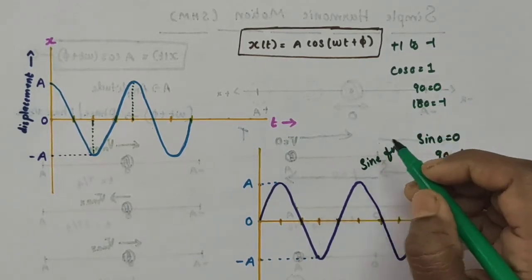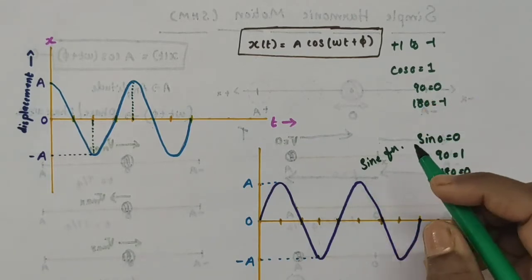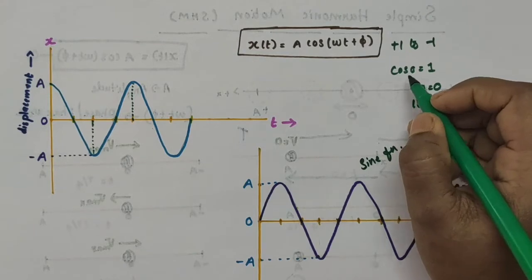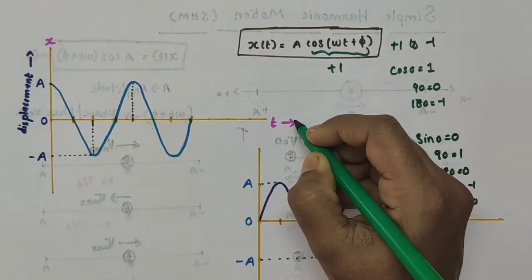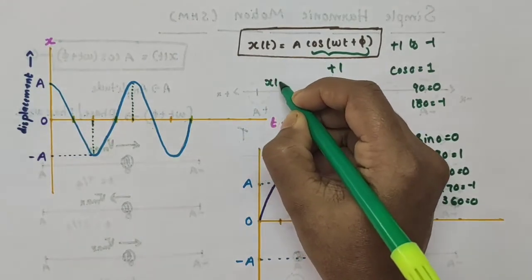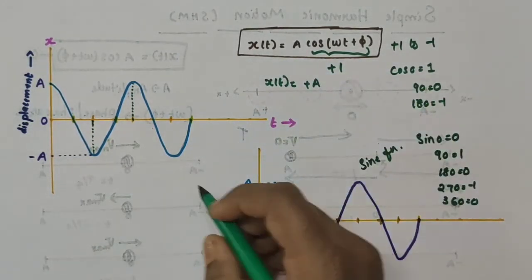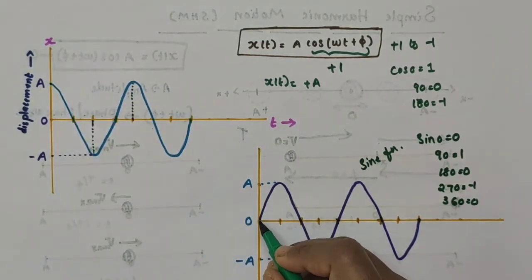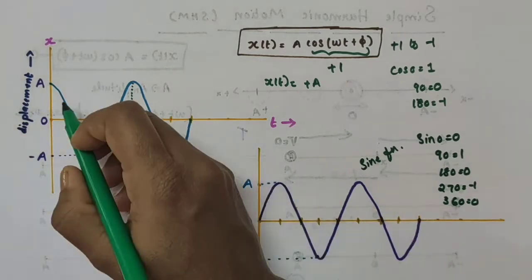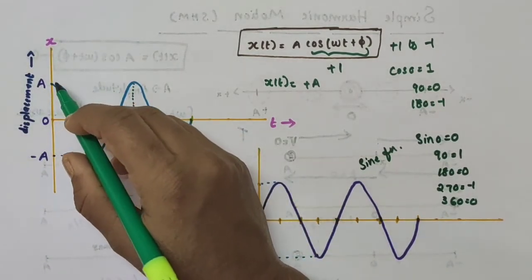When this cosine value is plus 1, then x of t becomes 1 times A, that is plus A, so it starts from here. The sine wave starts from 0, but this wave is of a cosine function, so it starts from plus A here.